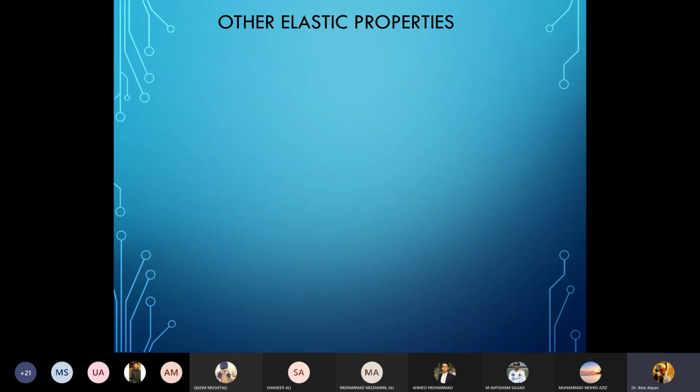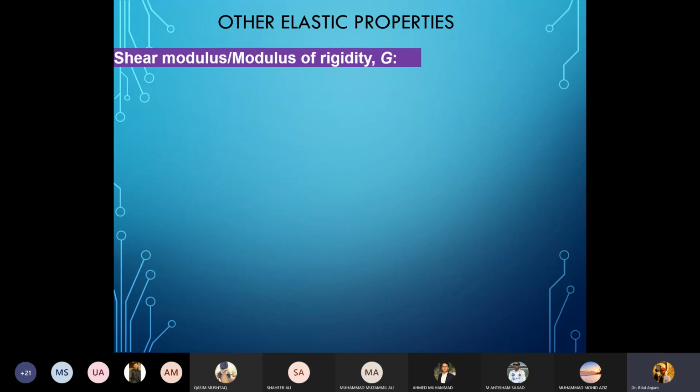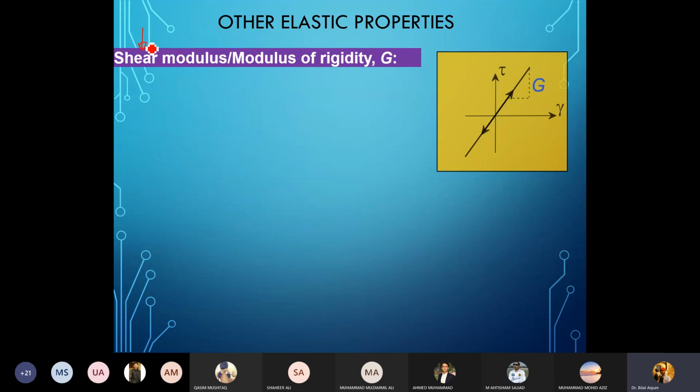Now, if we talk about other elastic properties, these include the shear modulus, which is the modulus of rigidity. You have looked into E, which is Young's modulus. The shear modulus is related to the shear stress.